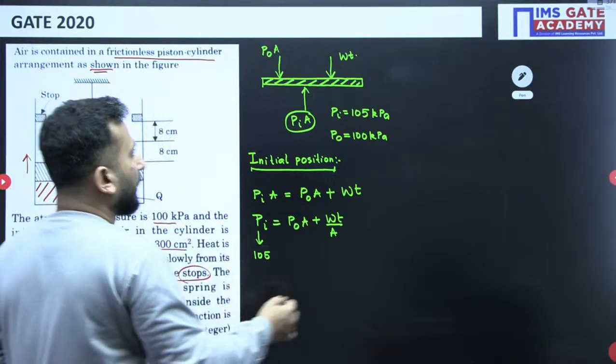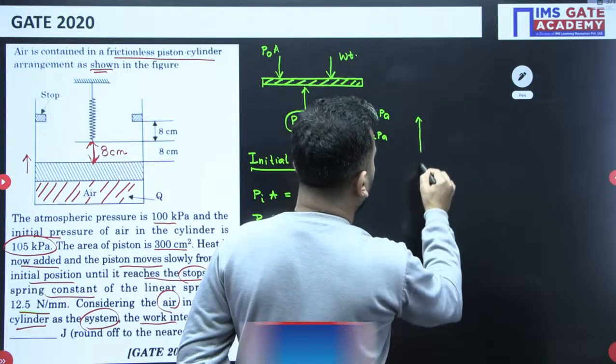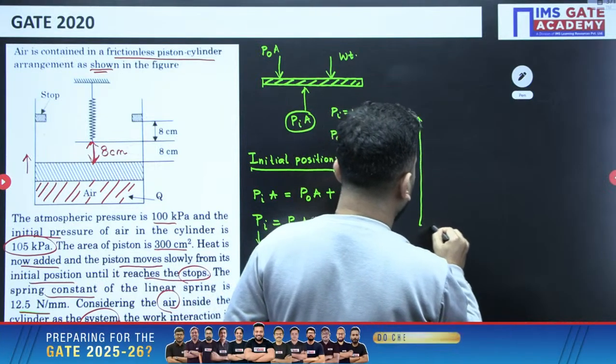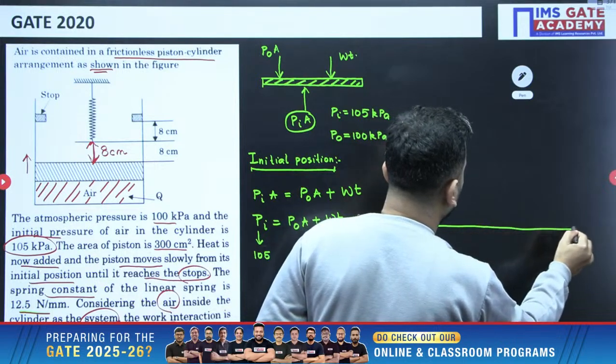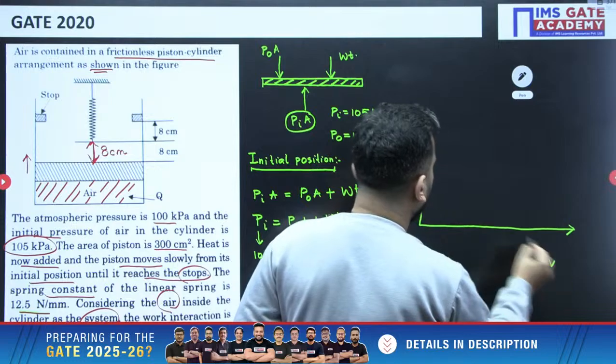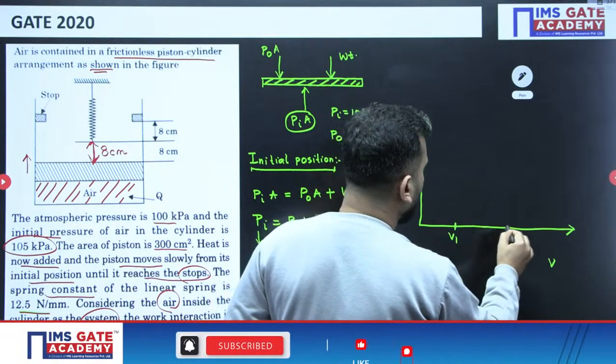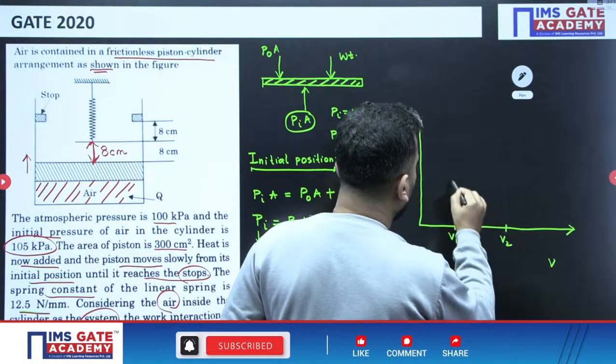So if I try to draw the PV diagram over here, this is P, this is V, this is, let's say, V1, and this is V2.